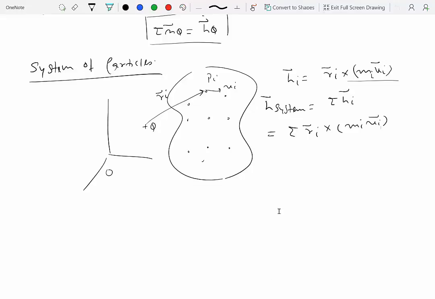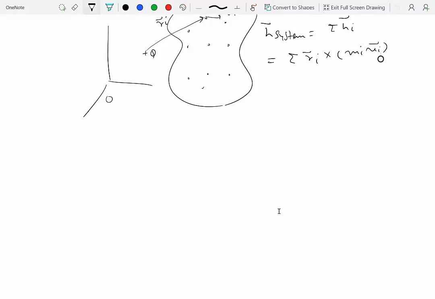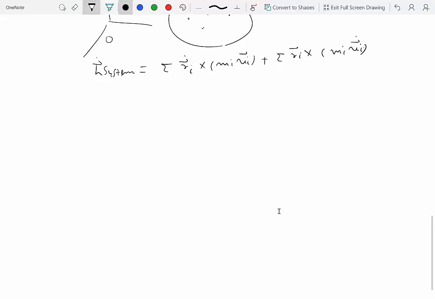Just as we have done before, we will take the derivative of this equation. So let's see what we get. H dot of the system is going to be sigma R dot i cross Mi Vi plus sigma Ri cross the derivative of the second term. So what is this?